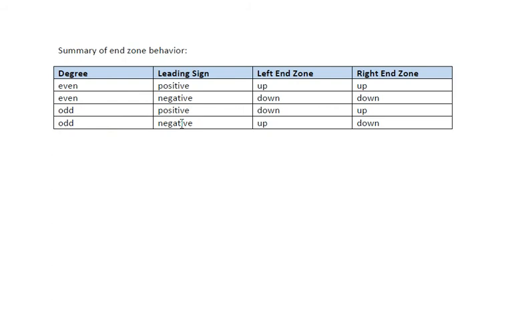Those are the four cases. The left end zone and the right end zone: up and up, down and down, down and up, and up and down. And if you just remember that x squared and minus x squared and x to the third and minus x to the third are general patterns that all the other even and odds follow, you can remember this very simply.